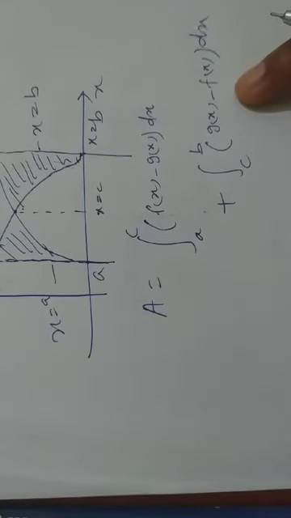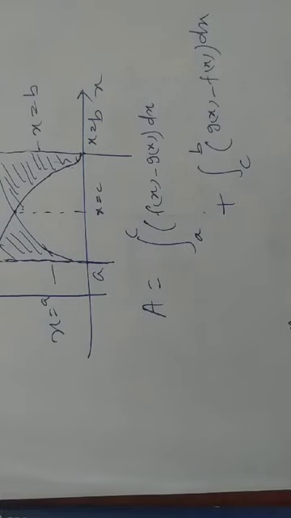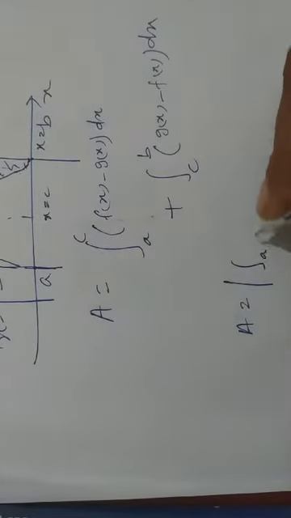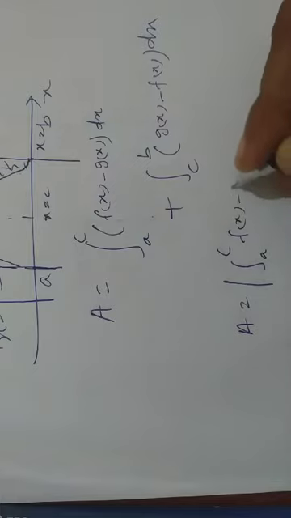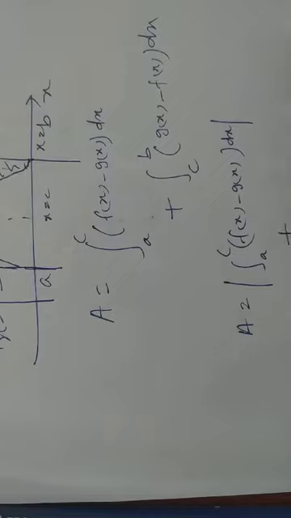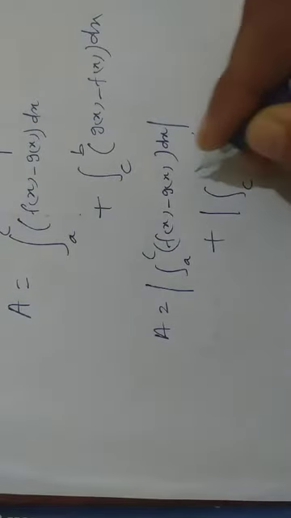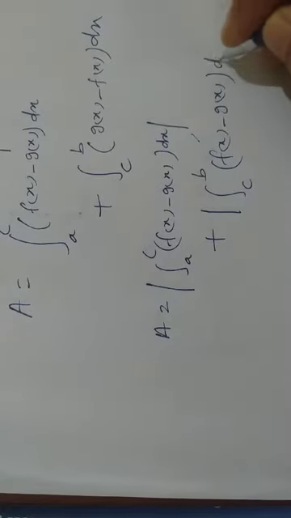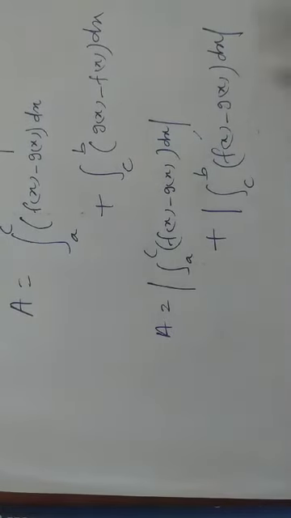Or we can also write area is equal to mod of integral a to c (f(x) minus g(x)) dx plus mod of integral c to b (f(x) minus g(x)) dx, whole mod. We can write this also.